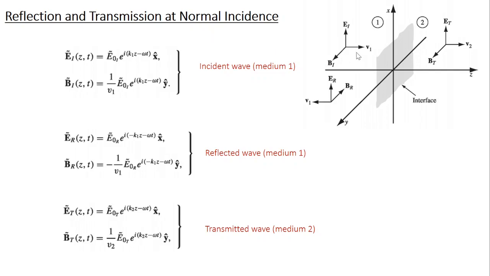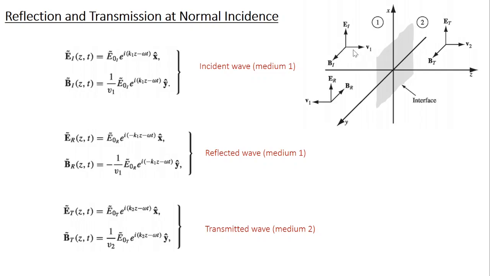So the incident wave is coming from medium 1 and a part of the wave is reflected back to medium 1 and the remaining part is transmitted into medium 2. Let's assume that we have sinusoidal waves here. So you know the geometry of a sinusoidal electromagnetic wave.